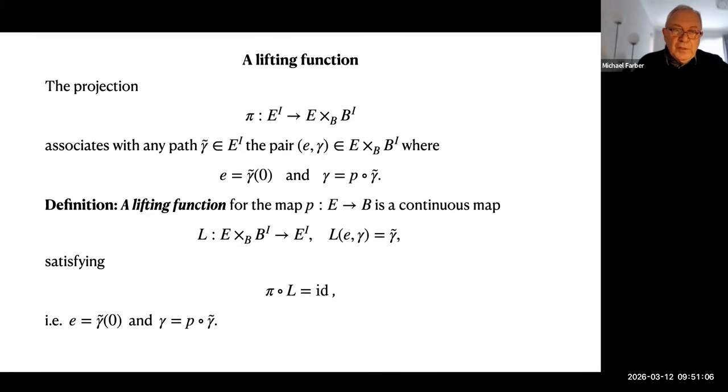A lifting function is a map in the opposite direction, a section of this map. It goes from E cross B^I to E^I, so it lifts a curve on the base to a curve in the total space.